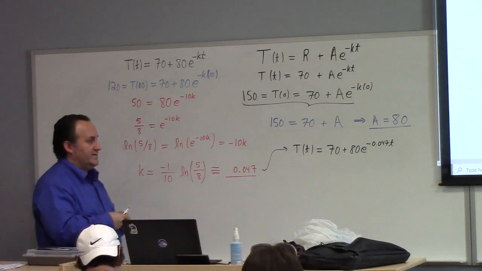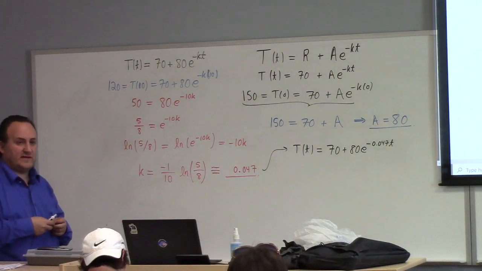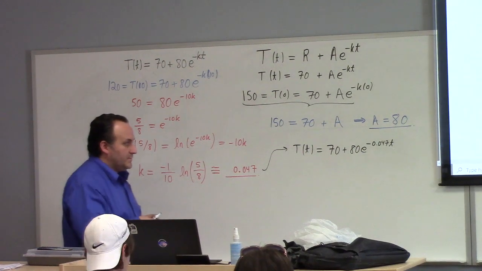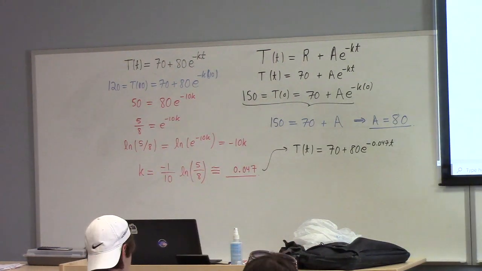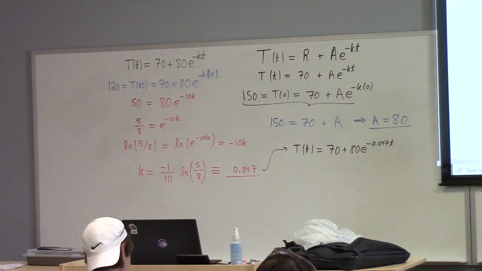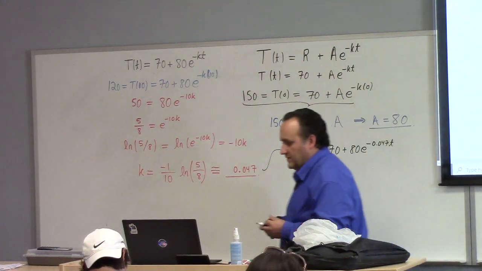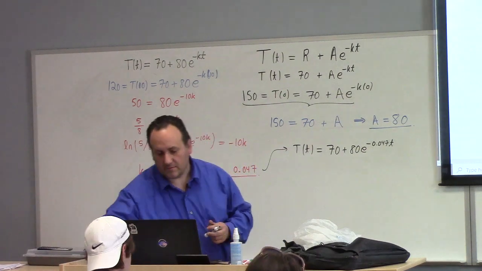Okay, so now we've come this far. What does the question ask us? Find the time at which the coffee cools to 80 degrees Fahrenheit. So now what do we need to do?